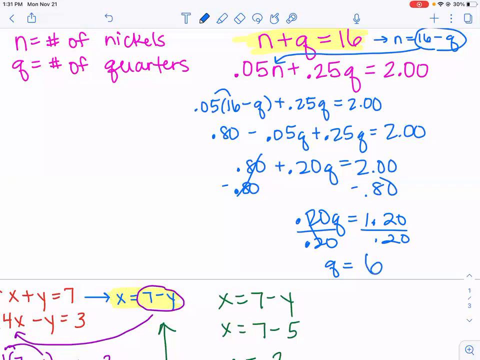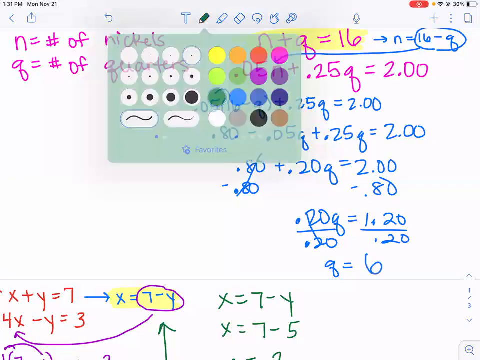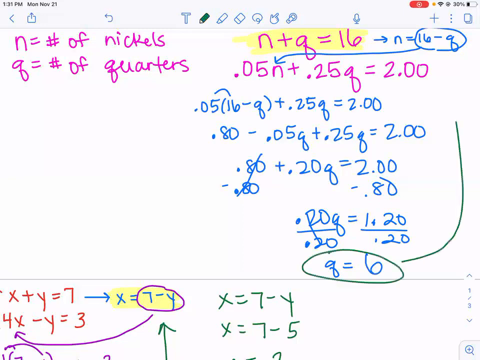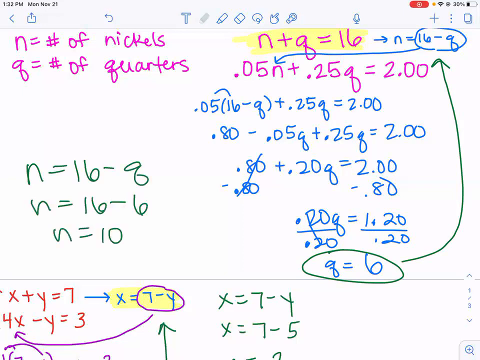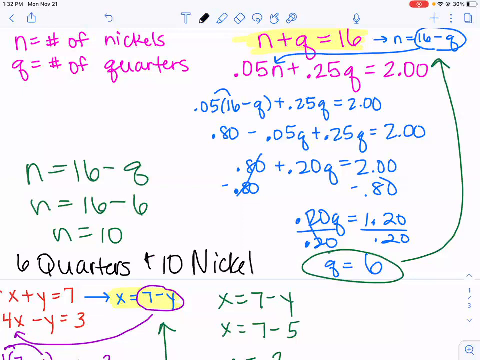That was my fault. And then we can take Q equals 6 back up to here. I'm out of room. If N equals 16 minus Q, then N is, what do we have? We have 6, 4, and 10. I counted on my fingers.